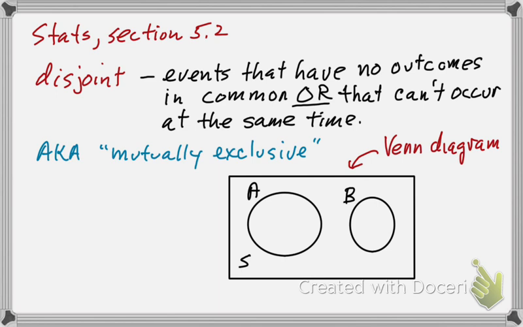Yes. There's no overlap. They don't share anything. There's no outcomes in common, if you will. Now, we don't know what's in those two things, but I can look at that Venn diagram and tell you right away, that's a Venn diagram of disjoint events, without even knowing what's in them. We good?